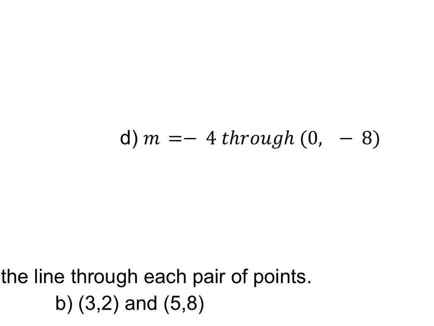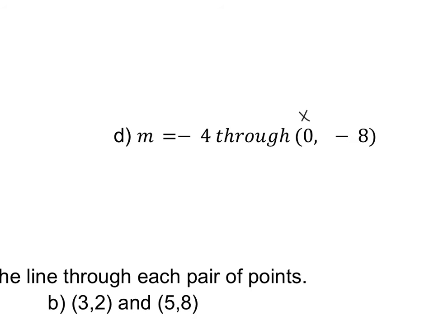Okay, last one of these. So I'm going to label it x1, y1. So y minus negative 8 equals negative 4 parentheses x minus 0. Anytime you have a 0, it's going to make your life easier. You'll find that out real soon. But anyway, so let's finish it off. So make this plus positive.